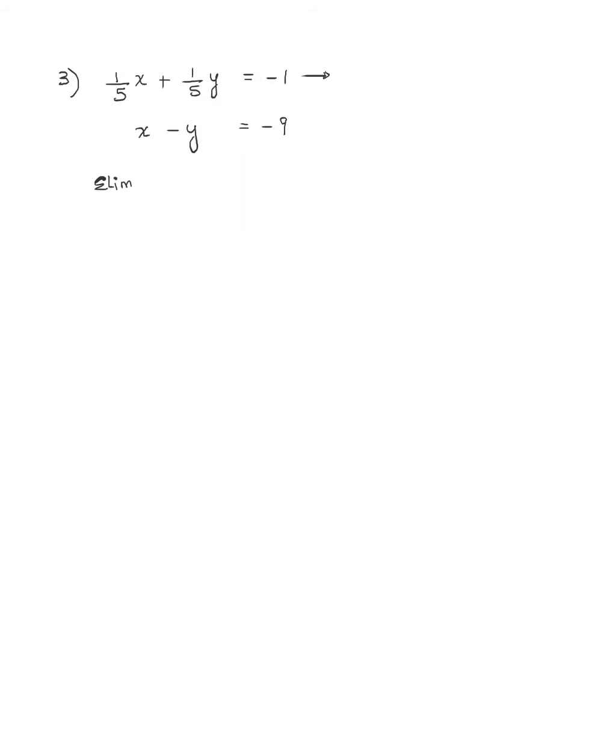So let's name the equations 1 and 2 first. So eliminate the 5 in the denominator, in equation 1, by multiplying the numerators by 5.